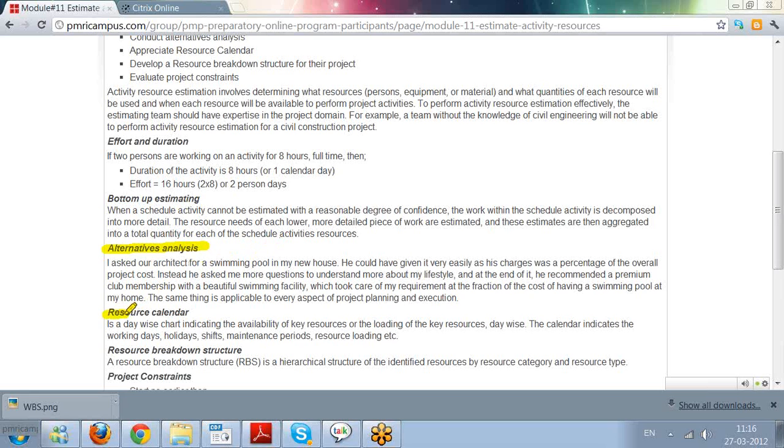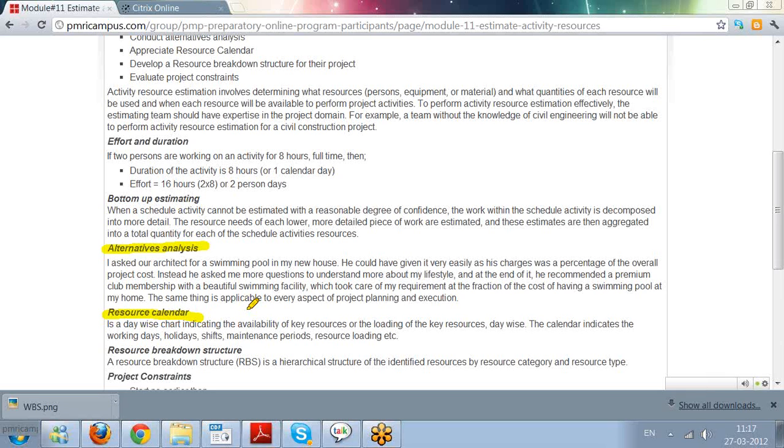Then the resource calendar. If you have configured any software scheduling tools, when we get a new license of the software scheduling tool, we create a company calendar where we define the company's annual holidays, and the holidays are all blocked out. Only the remaining days are factored in as available days for scheduling.